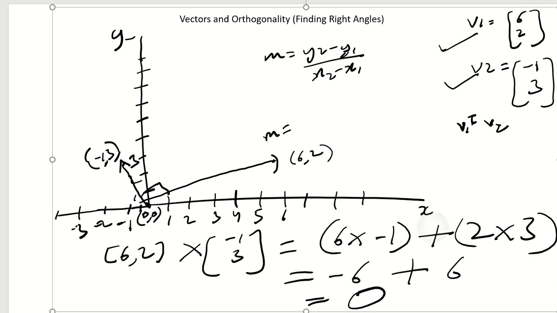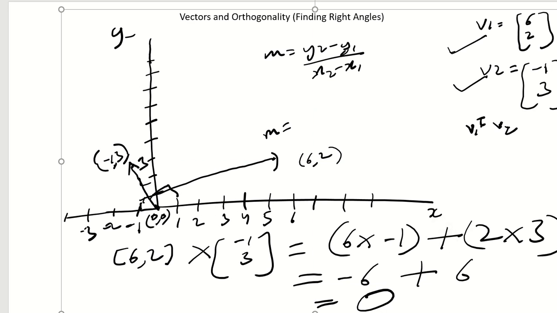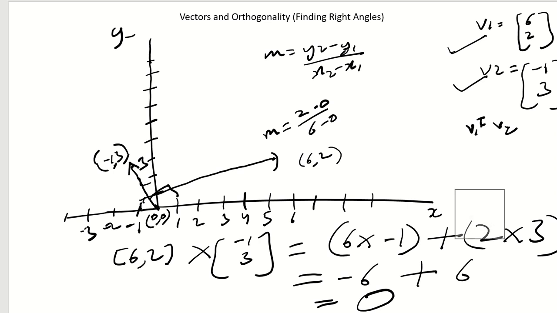So here it would be 2 minus 0 over 6 minus 0, which will be 1 by 3, right?